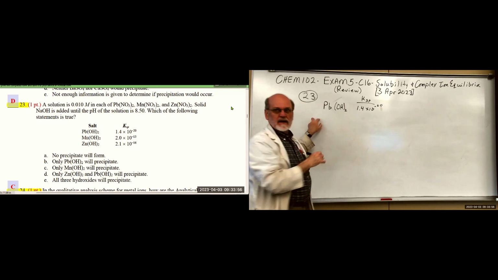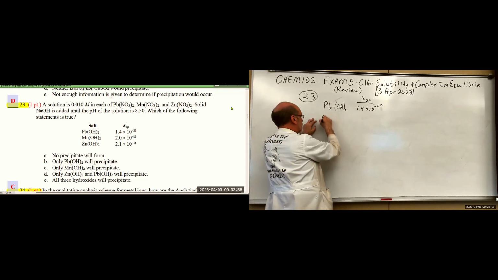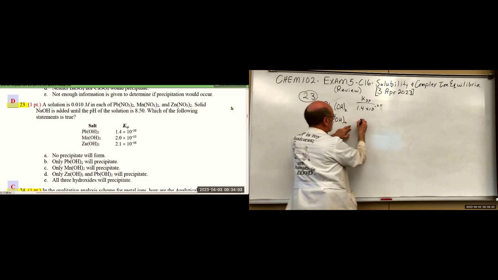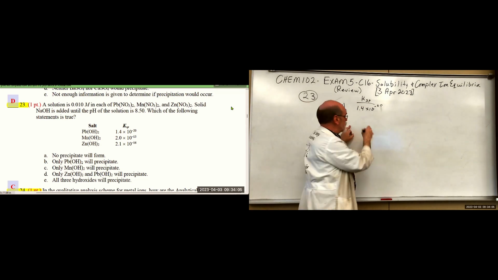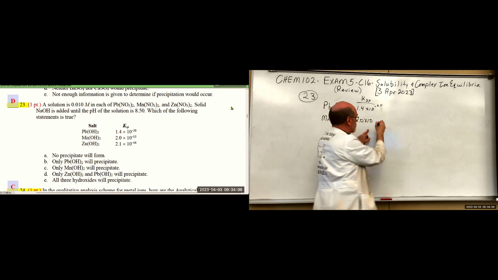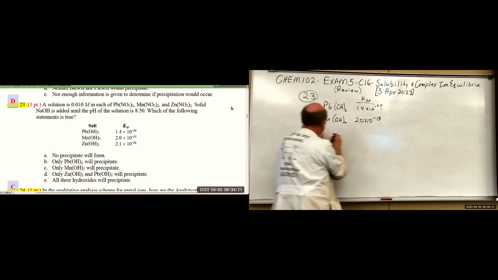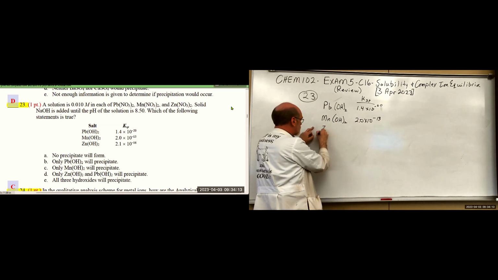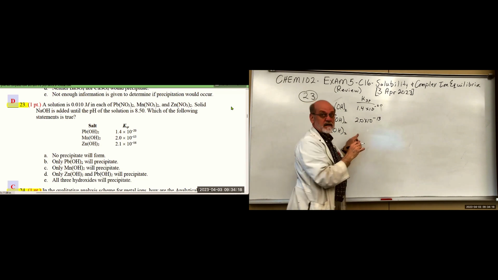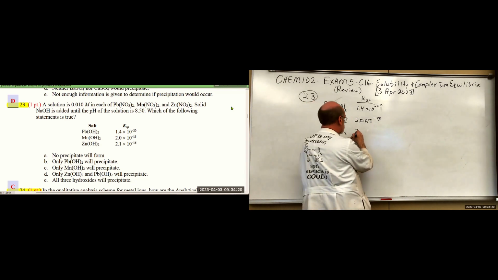Who's next? Manganese. Manganese 2 hydroxide, and 2 times 10 to the minus 13. And then zinc 2 hydroxide, and it's minus 16.